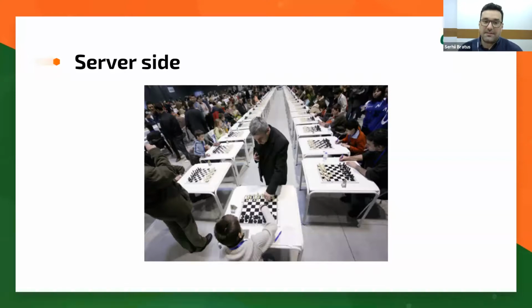Because if we have 10K agents or 10K connections, we'll actually have 10K threads for that. So Nginx said that we'll be inspired by the simultaneous chess game, where one powerful thread can play with all those clients, handling their connections.